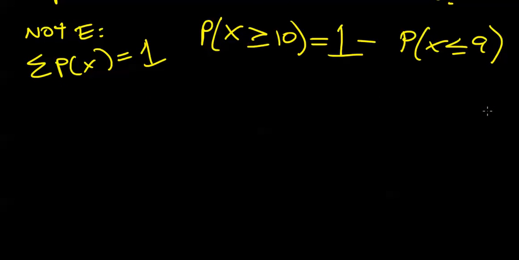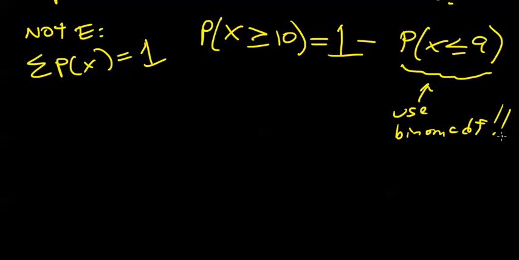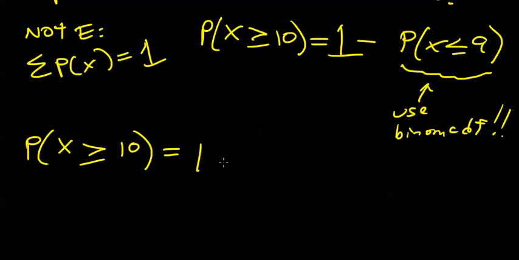And this probability that x is at most 9, I can get with the binomial CDF command, can I not? Let me write it out for you. Remember, x is greater than or equal to 10 is going to be 1 take away the 9 or fewer probabilities, right?